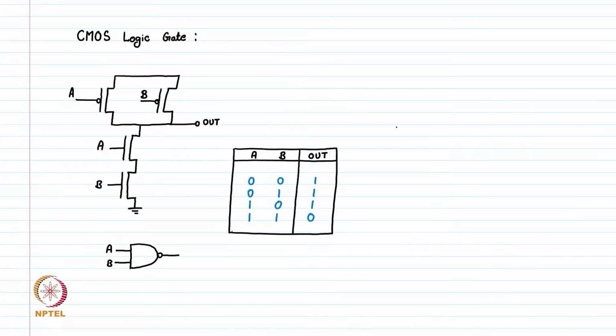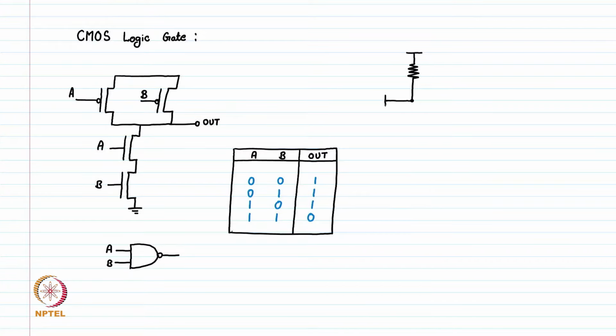Now, let us see how a NAND gate in TTL logic or the transistor logic or the diode transistor logic looks like. So, this is how the gate looks like. First is, let us say we have resistance here.